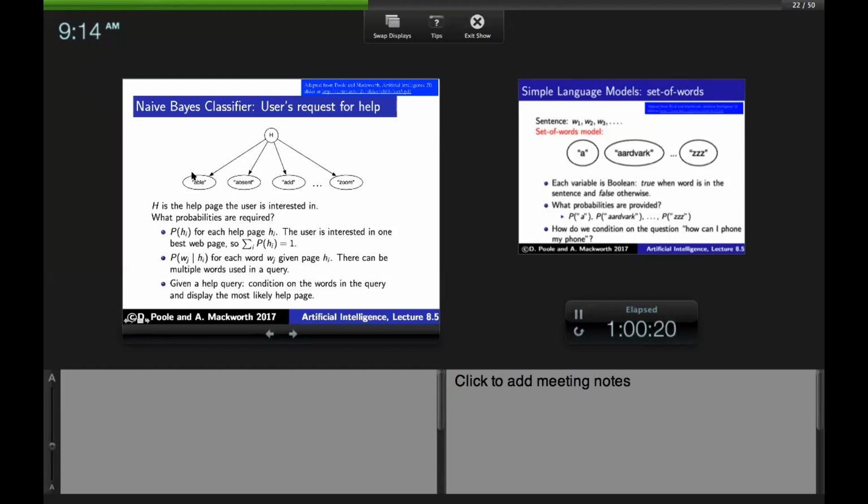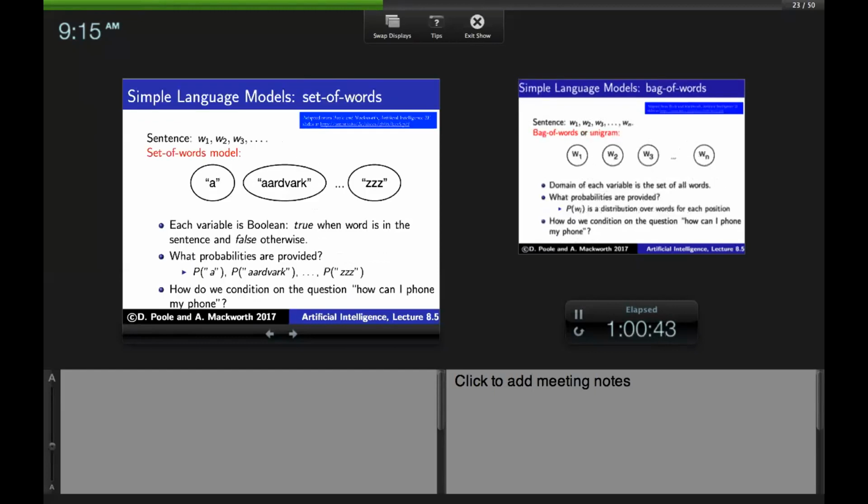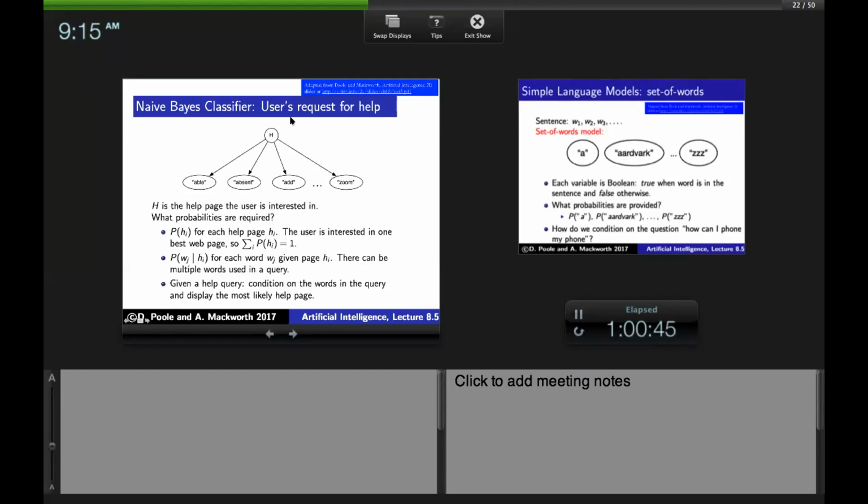So you're going and you're asking for help in a website, and the words that you choose are going to be used to distinguish which of the many help pages might be under that help tab of the page. And again, the intelligence of that system that is directing you to one help page versus another help page could be represented as a naive Bayesian classifier like this.